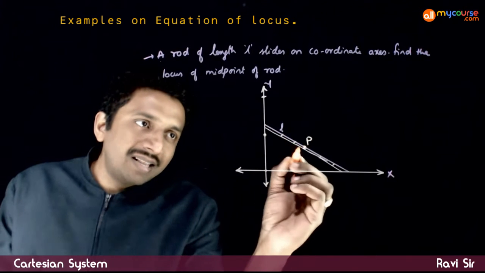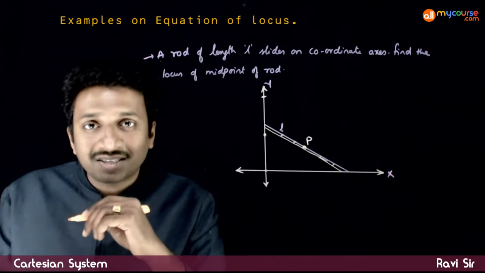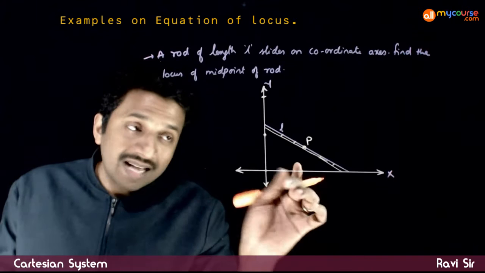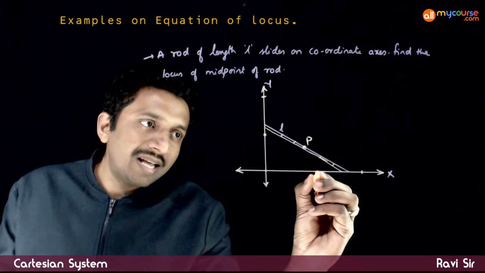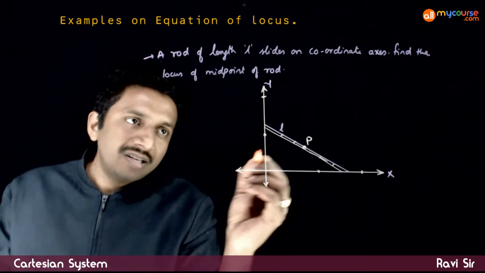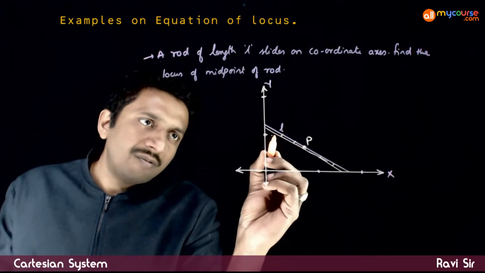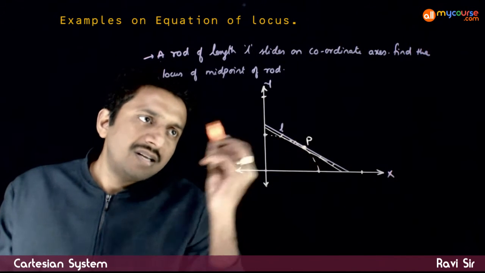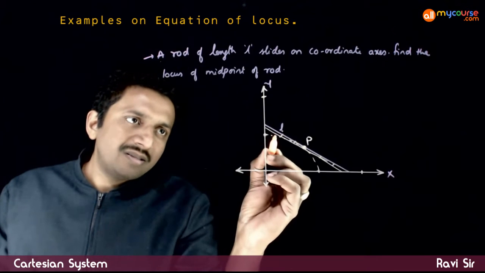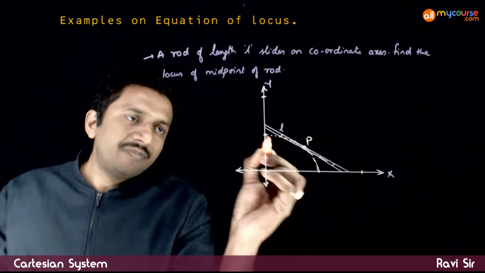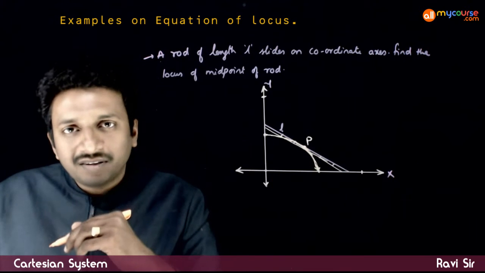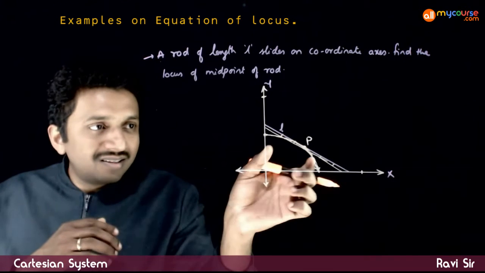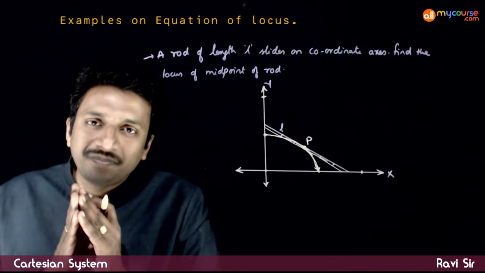As the rod is sliding, the midpoint has come here at some point, and as the rod has completely come to rest, the midpoint has gone somewhere here. So the path will be approximately along this curve. So you're asked to find the equation of this curve.